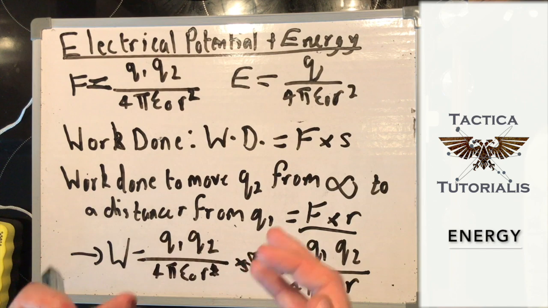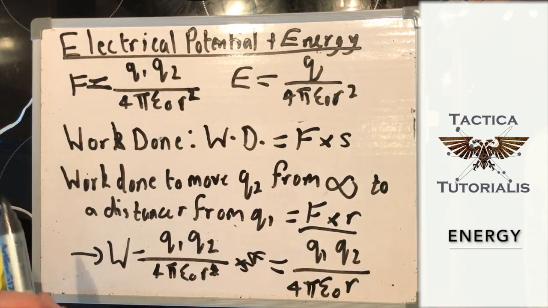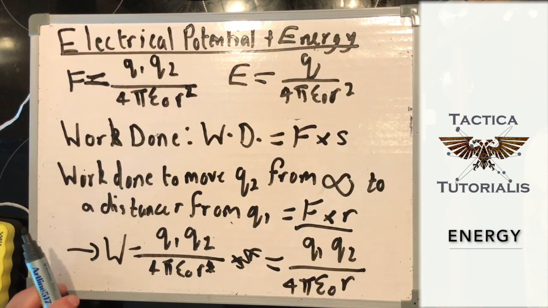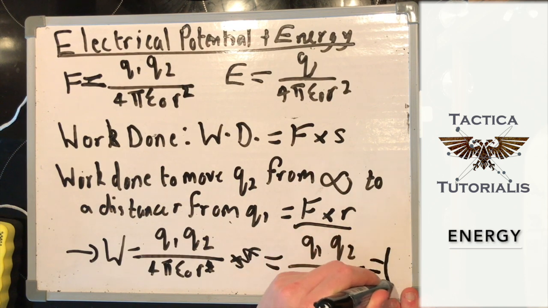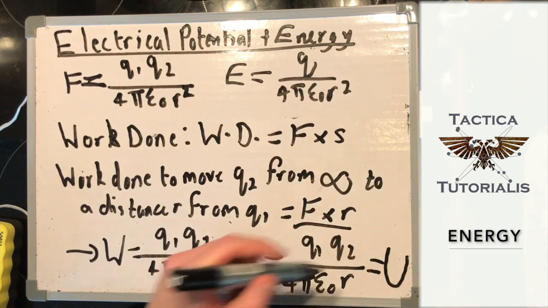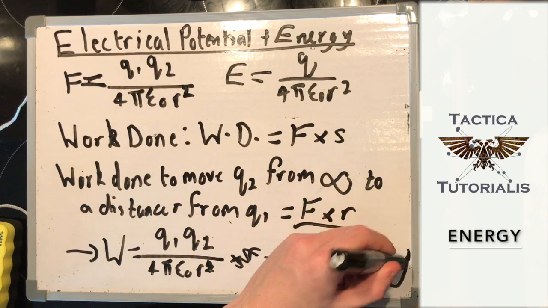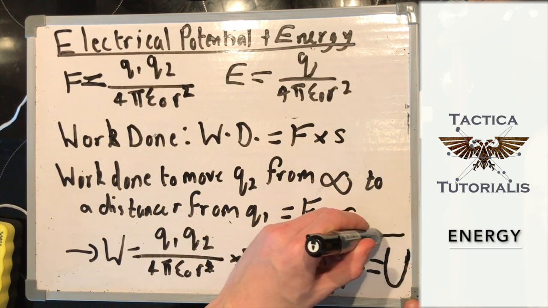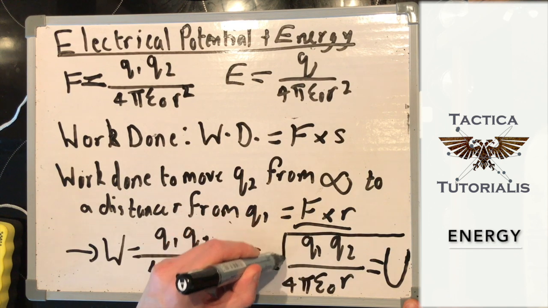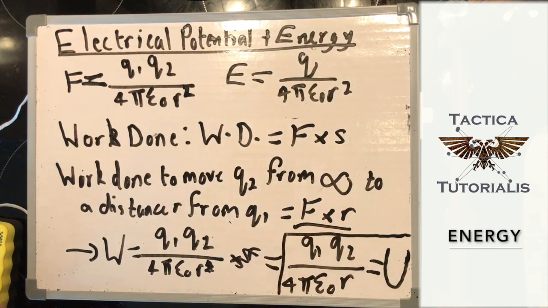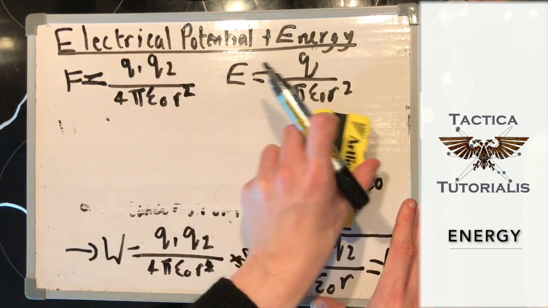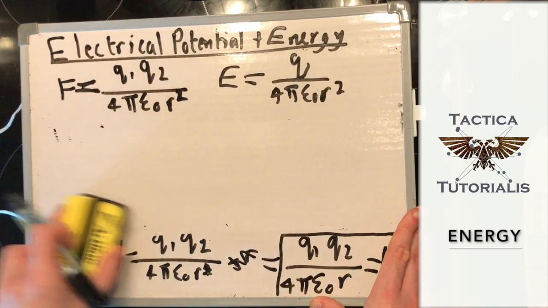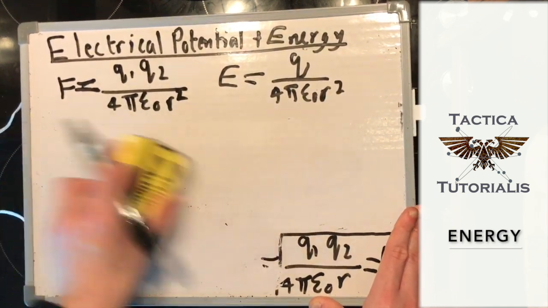The work is done to pull it in, and then that energy is stored in some way. You might have seen energy stores if you're one of the younger members of the audience, and we call that store the potential energy, or the electric potential energy, which I'm going to call U. So I'll get rid of that bit from the middle, because that's a bit of nebulous definition, though I think it's useful to know. And I'll write that in bigger.